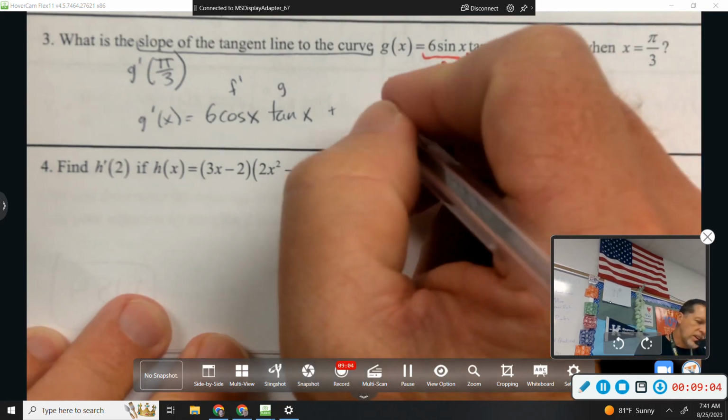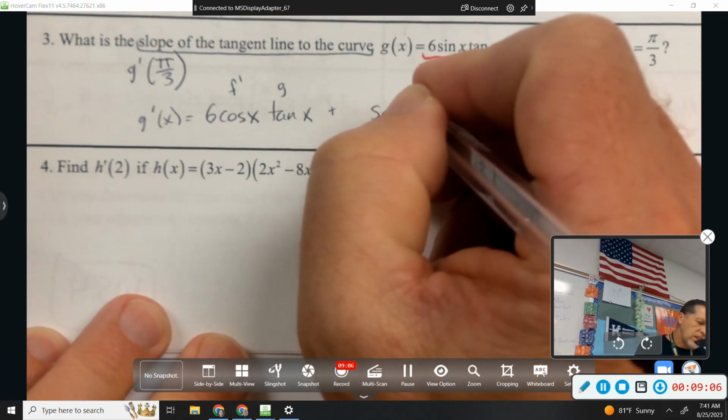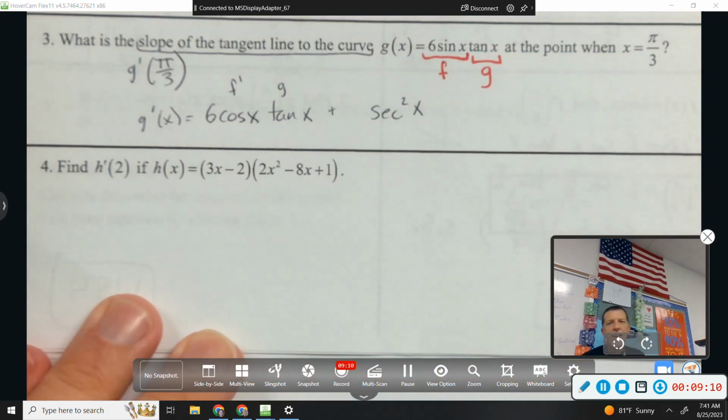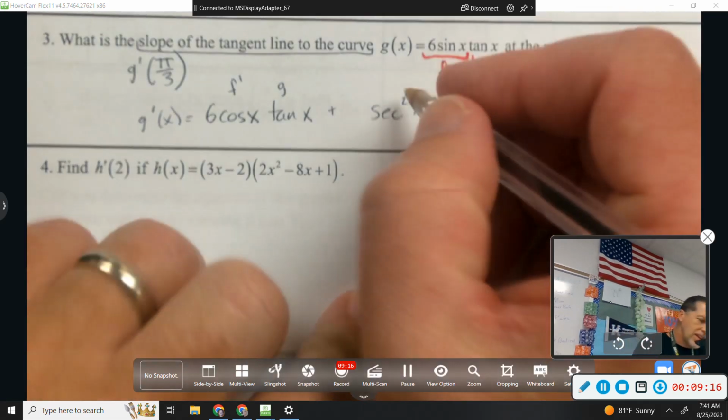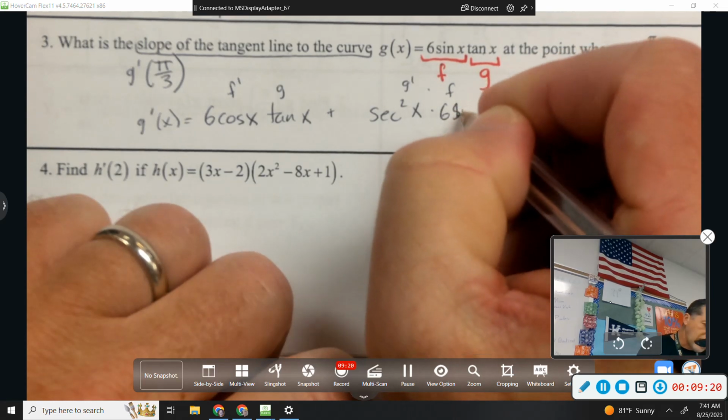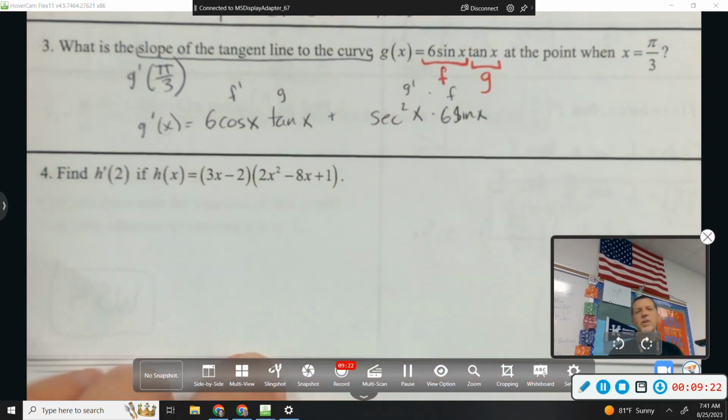Derivative of g is secant squared. f I don't need to do anything with. 6 at the end is going to look funny, but oh well, times 6 sine of x. So I'd probably move that 6 to the front to clean that up a little bit.